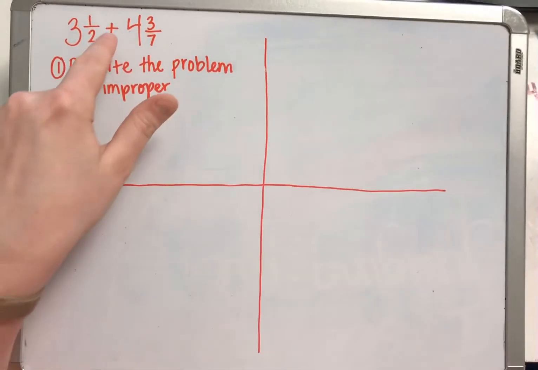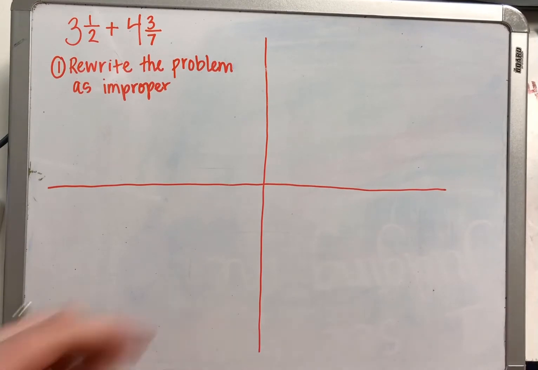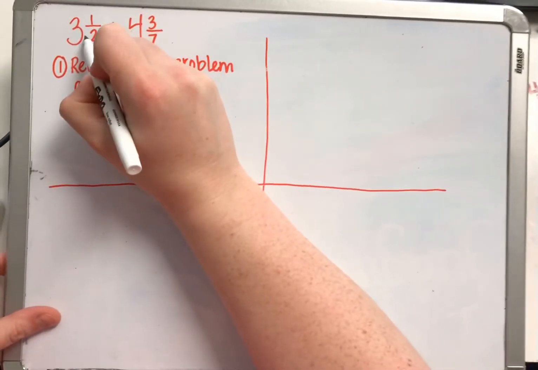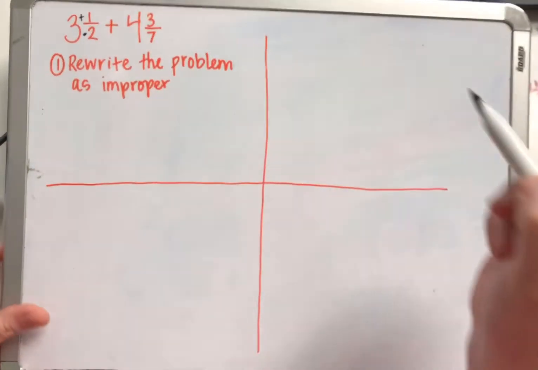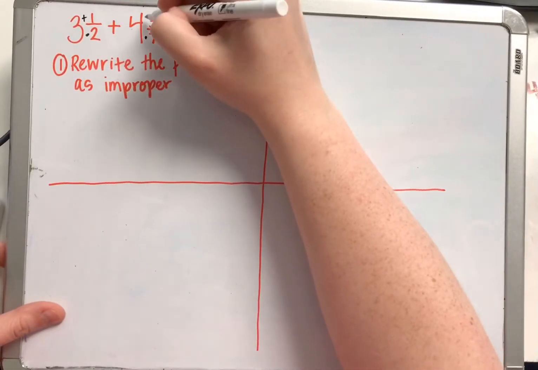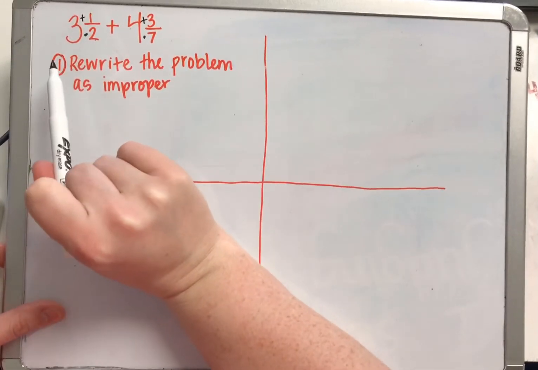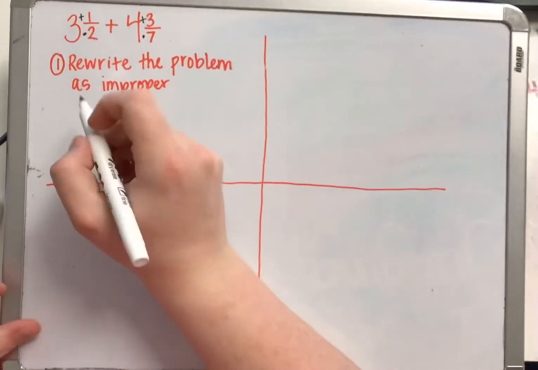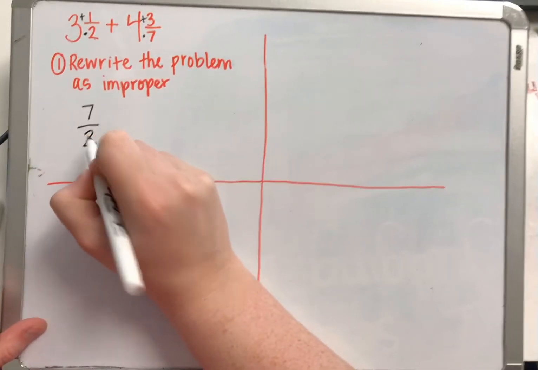So to make a fraction or a mixed number improper, you have to first multiply your denominator and your whole number and then add it to your numerator, and you keep your denominator the same. So 3 1/2, I'll do 2 times 3, which is 6, plus 1, and I get 7. And then I keep my denominator the same, so I have 2.